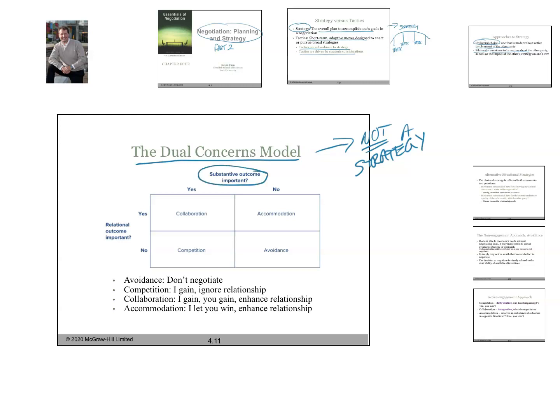And you know from our previous module for this chapter content that we talked a bit about substantive goals. That word substantive means what you're really trying to get out of the negotiation in concrete terms. You think about what you're negotiating about and what you want to leave with, what would be in an agreement when you're done. The relational outcome is another consideration.